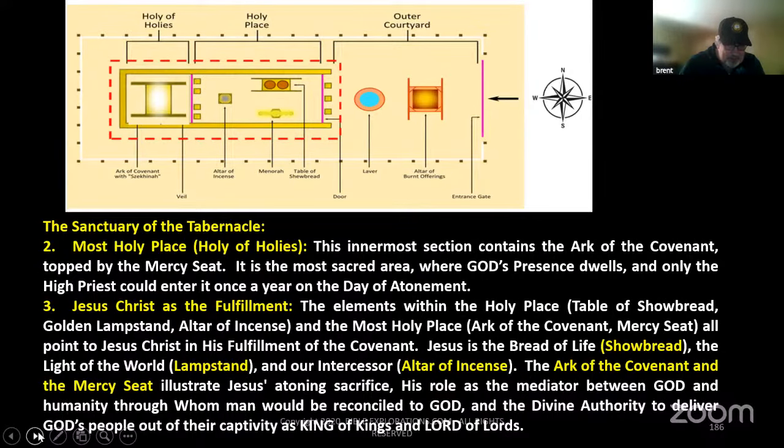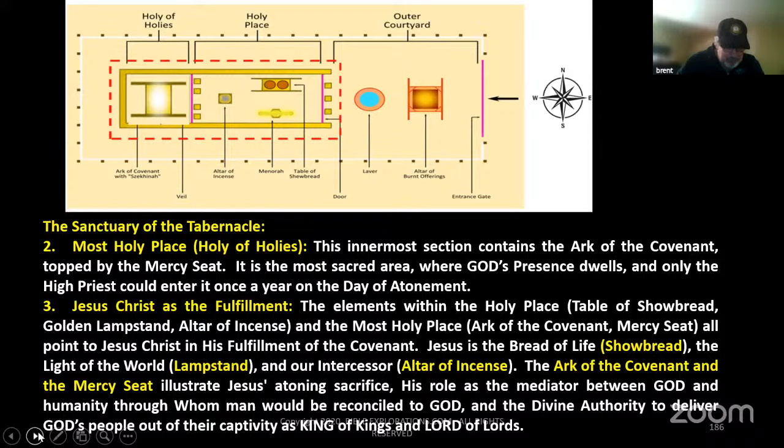The innermost section contains the Ark of the Covenant, which is the most holy place, topped by the mercy seat. It is the most sacred area where God's presence dwells, and only the high priest could enter it once a year on the Day of Atonement. The elements within the holy place, the table of showbread, golden lampstand, altar of incense, and the most holy place, the Ark of the Covenant and mercy seat, all point to Jesus Christ and his fulfillment of the covenant.